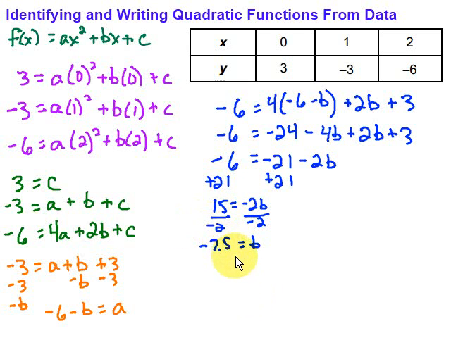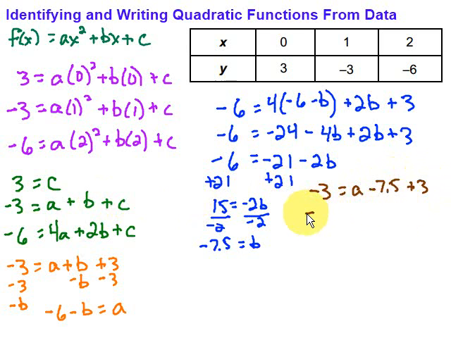Okay, so now I have my b and c. I need my a. So I can go back to this equation and plug in the b and c and solve that for a. So one more color change here. I've got negative 3 is equal to, I don't know a, but I do know b and c, so I'm going to put those in. Negative 7.5 plus 3.